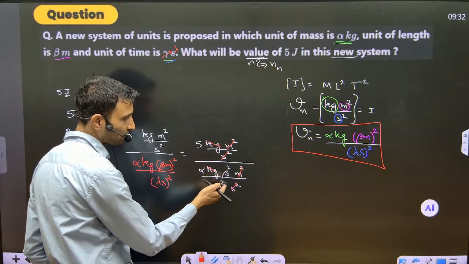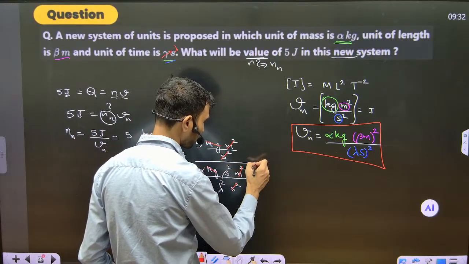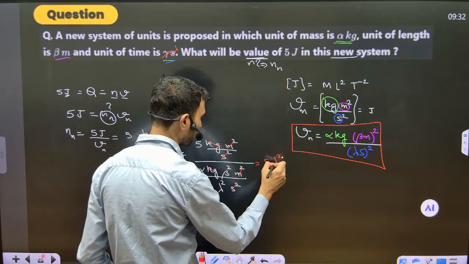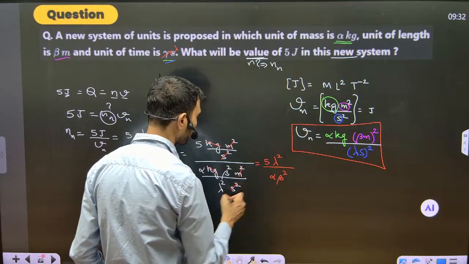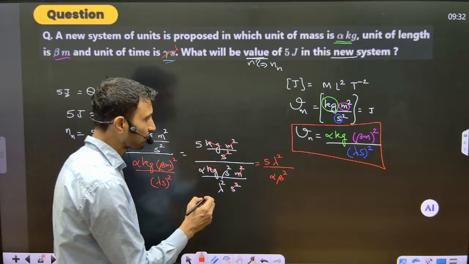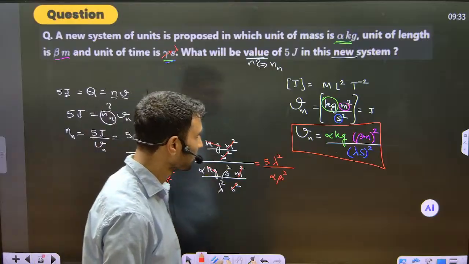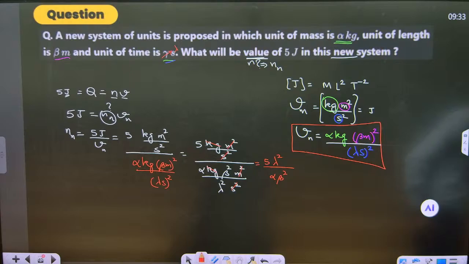So what do you get? Lambda square goes in the numerator. That becomes 5 lambda square divided by alpha beta square. And then of course you can simplify it, or you can leave it like this. That is your number in the new system. Right? Take this down.